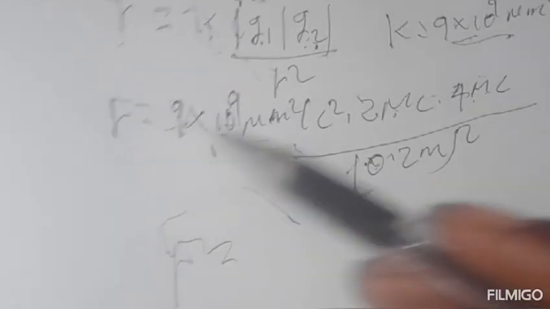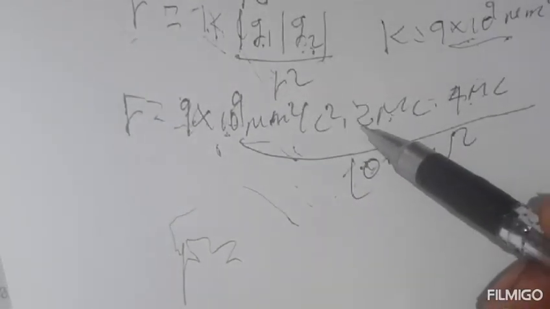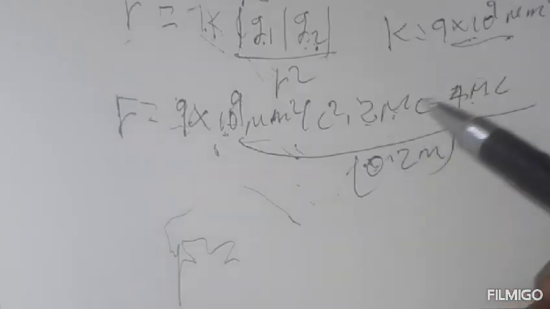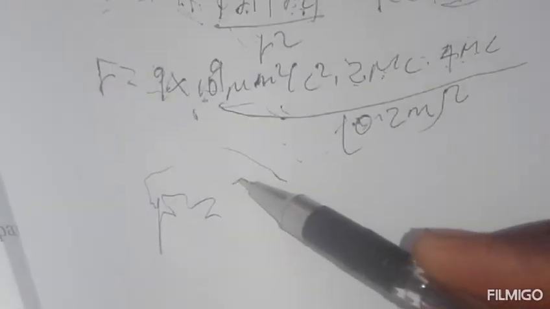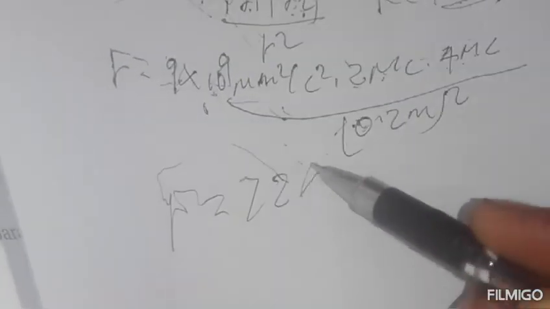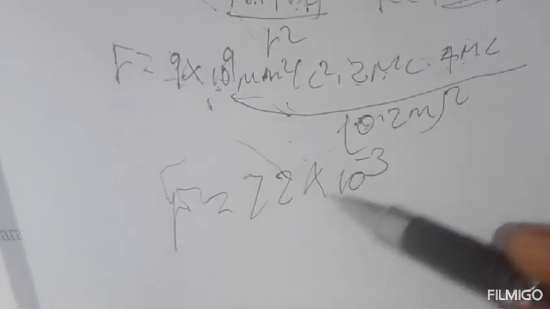Yes, 9 times 2 is 18, 18 times 4 is 72, I think 72 times 10 to the power of minus 3.